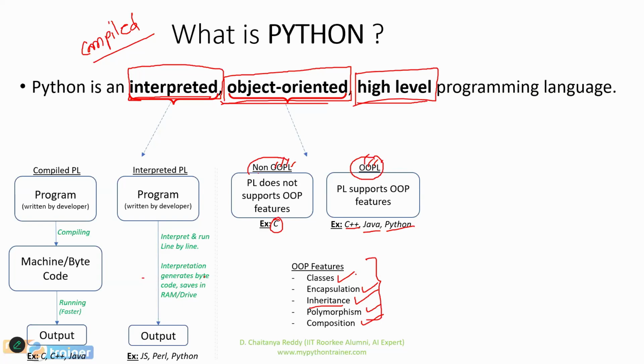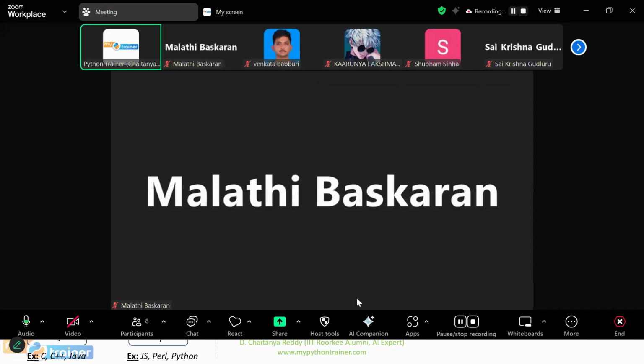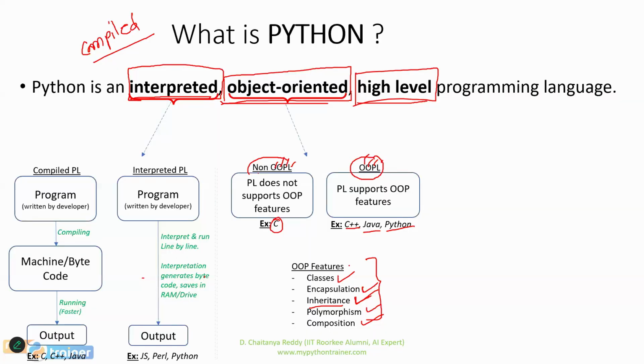Right now we are not going to discuss each feature because they are very big concepts. During the course we will cover each topic in detail, but at this point I want you to understand that these are the OOPS features and how they are helpful for us.